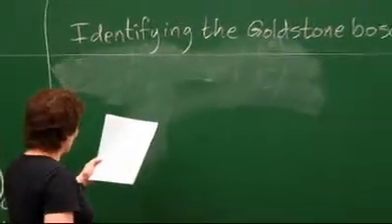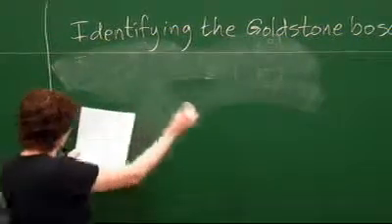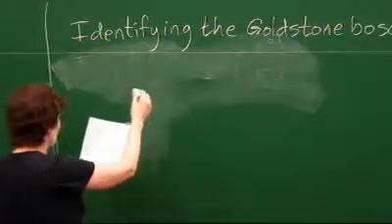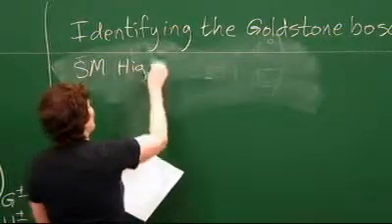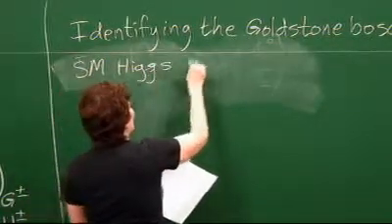The third approach to identifying the Goldstone bosons is the following trick, which I want to show you just because it's handy and useful, okay? So before I show you the trick, let me consider one more time the standard model Higgs gauge kinetic terms.